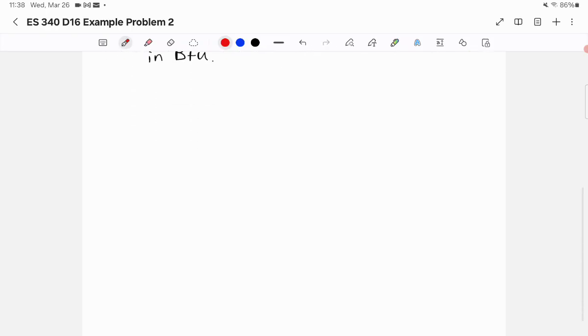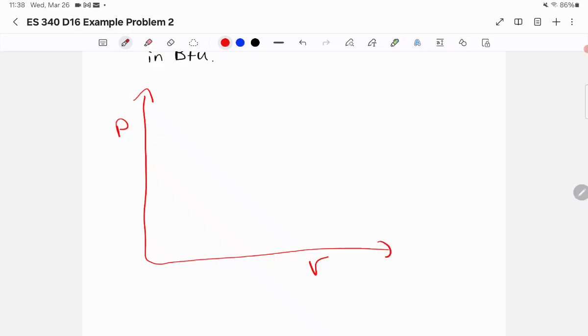Okay, so let's first start with the PV diagram, which should be obviously familiar at this point. And we start off in a temperature. Let's call this state 1. I'll just mark it off up here.